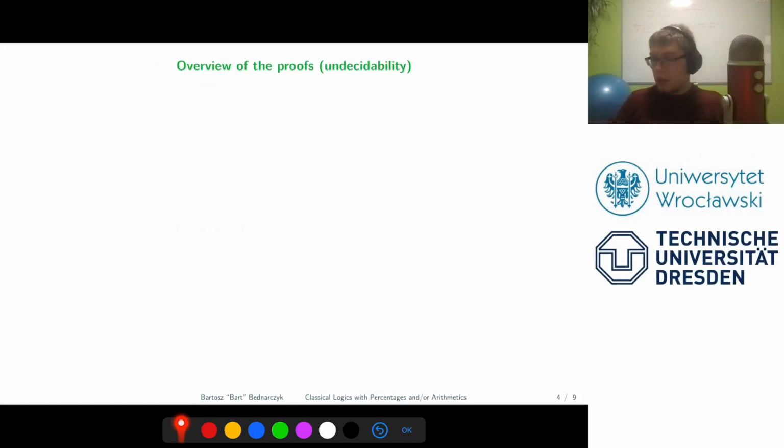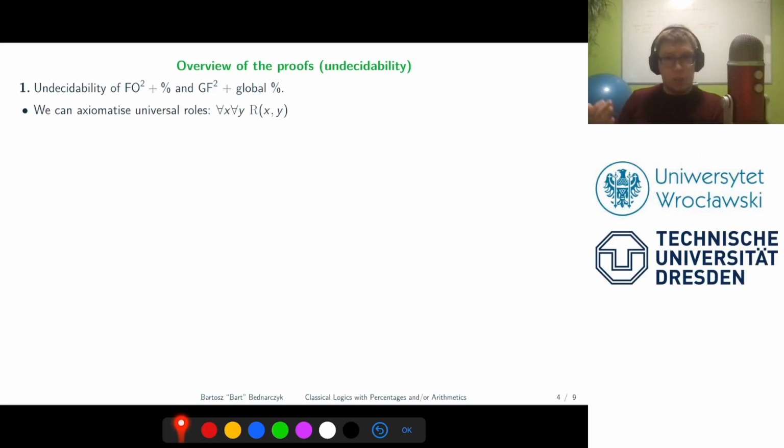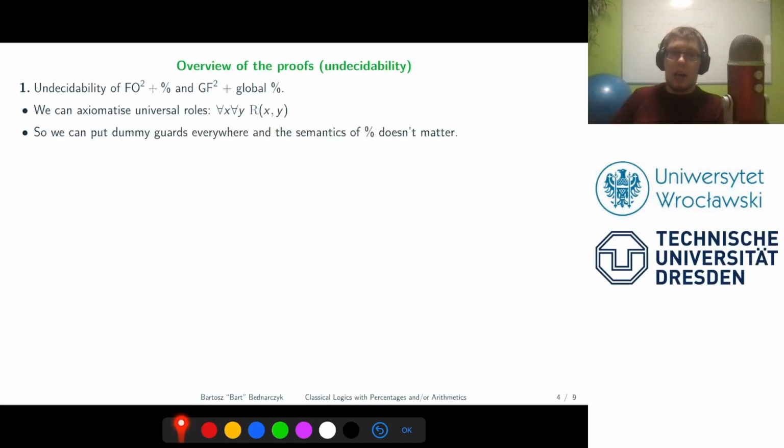So the overview of our proofs is as follows. First of all, to show undecidability of FO2 plus percentage counting and GF2 with global percentage counting, we can observe that one can axiomatize universal roles with for all x, for all y, R of xy. Then everything gets guarded immediately, and we can put these dummy guards everywhere and the semantics doesn't matter.